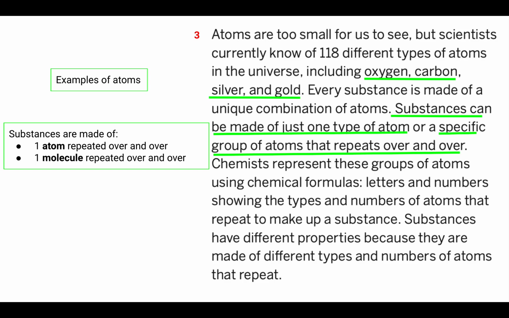Because this is a very, very important idea for you to understand and grasp so that you can move forward, I summarized it in the margin here, and I want you guys to copy that. So substances are made of either one atom repeated over and over again or one molecule repeated over and over again. Remember, a molecule is a group of atoms.